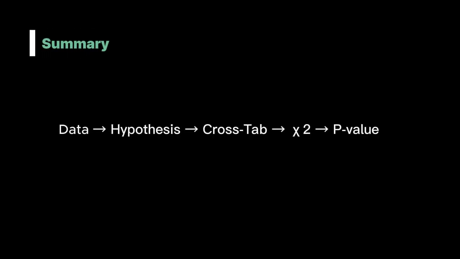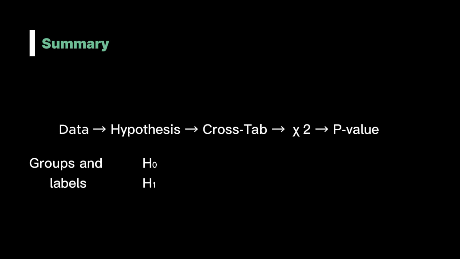So remember the 5 key takeaway points we built today. 1. Categorical data. Groups and labels are the focus. 2. Hypothesis. There are the null hypothesis and the alternative hypothesis. 3.